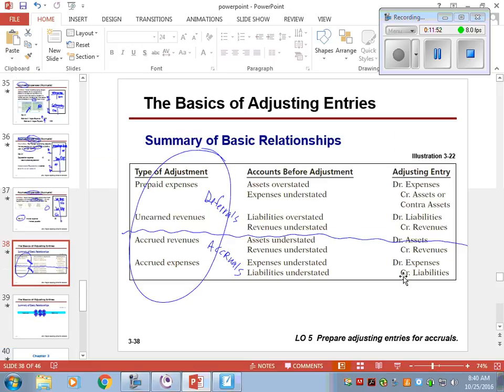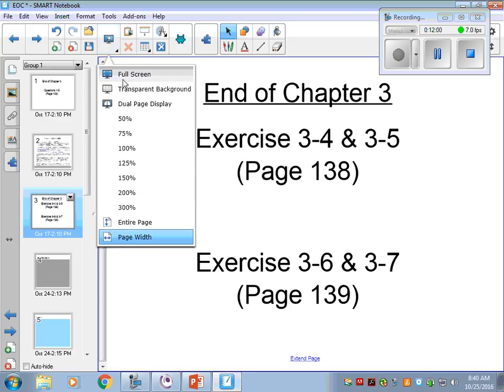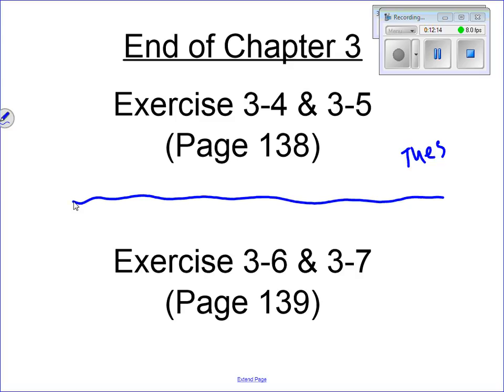If you're feeling fuzzy, like, whoa, how am I ever going to remember all of that? Remember, we're going to do them and do them and do them again. I want to do these 2 exercises today.